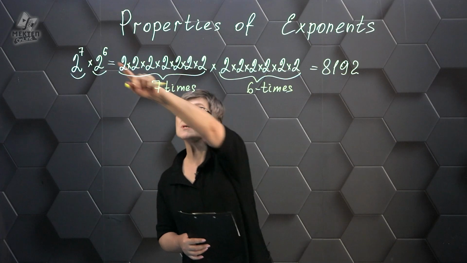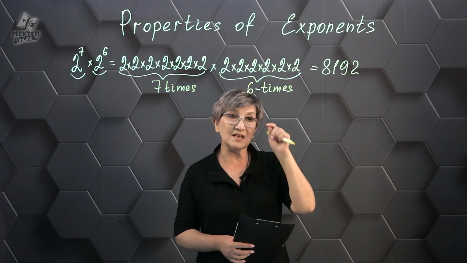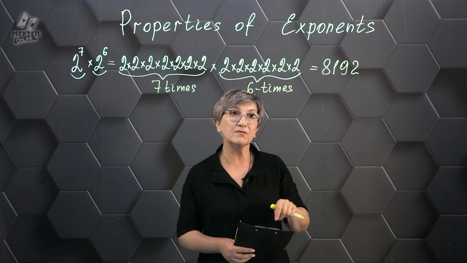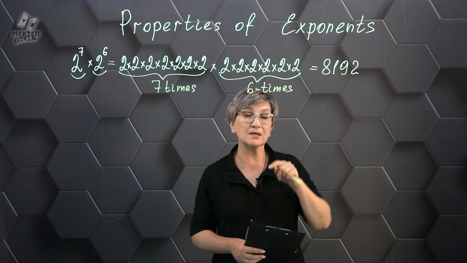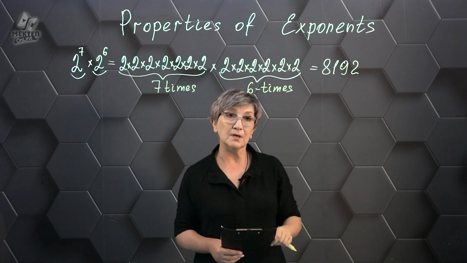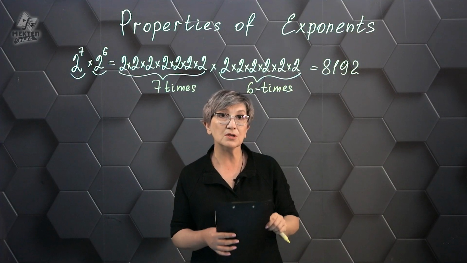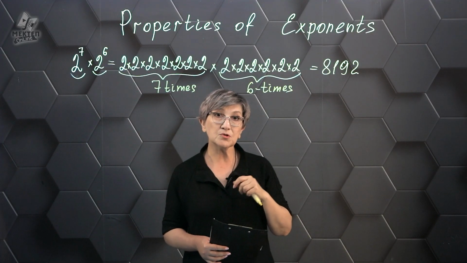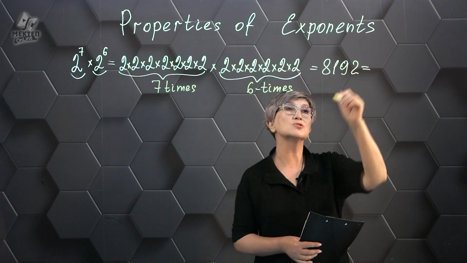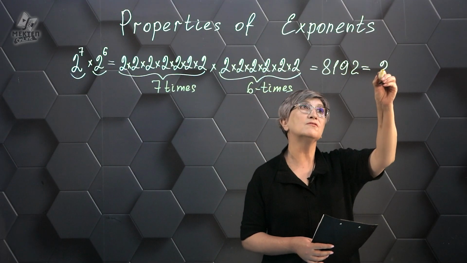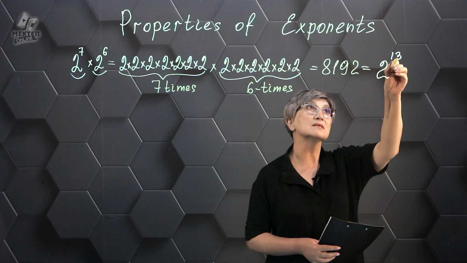But the thing is that powers can be the 30th, 51st and 76th, and it will be inconvenient to calculate the value of this expression every time. So what can be done in this case? In math we can write the number 8,192 as 2 to the power of 13.